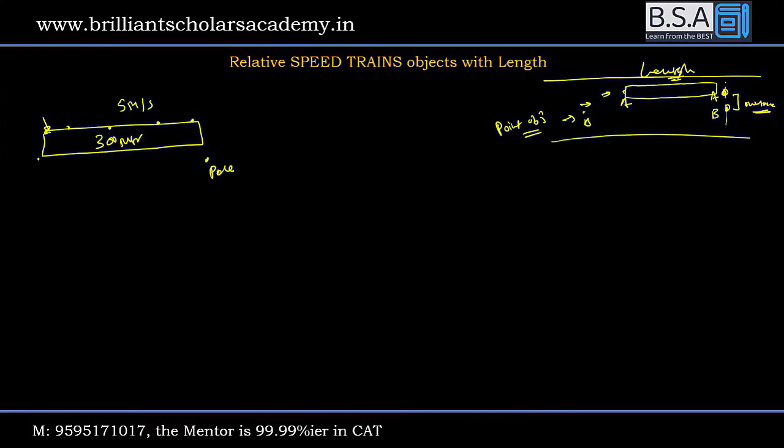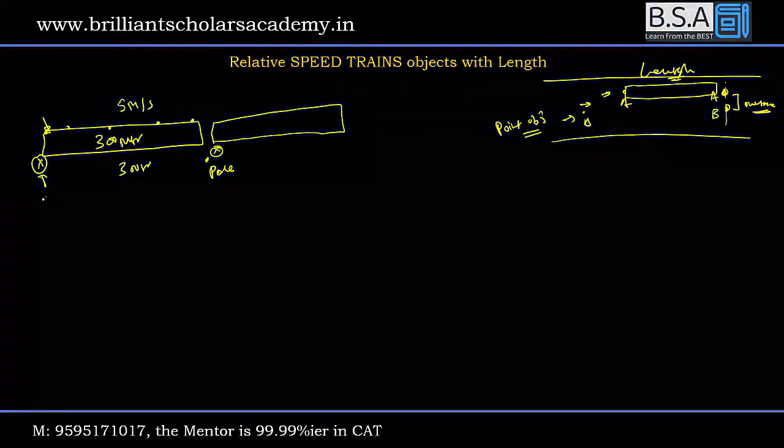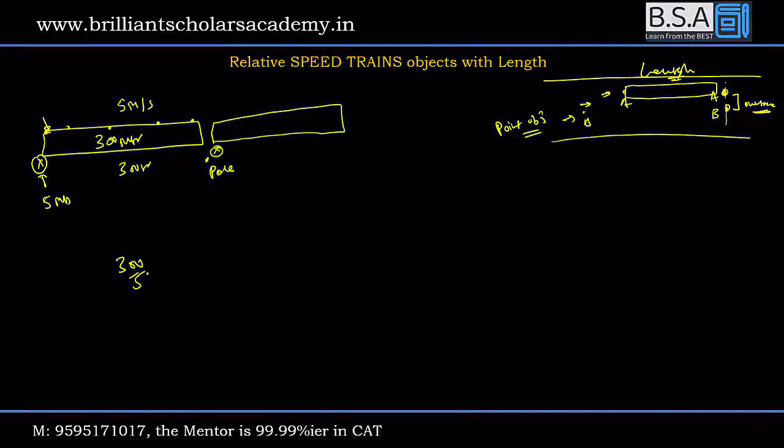For the train to cross, this end has to cross the pole. So what is the gap between them? 300 meters. At what speed is the point moving? 5 meters per second. So how long will the train take to cross the pole? 300 by 5.